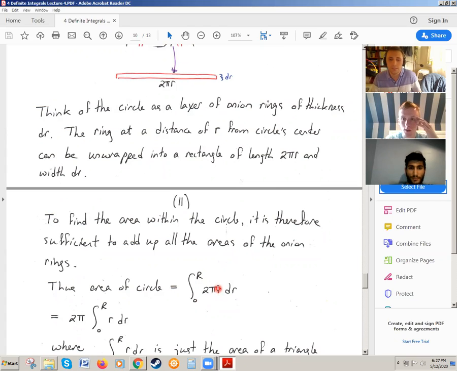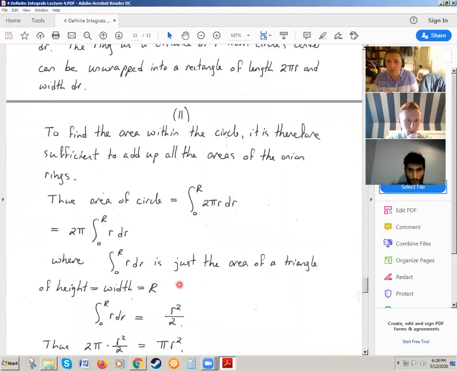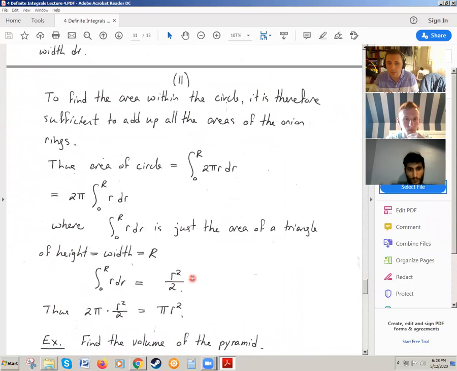So then you have to calculate this area. Yes, yes. So you see this, guys? From 0 to R. And then you can factor out the 2 pi because it's just a constant. And then you have the integral from 0 to R of r dr. And that we can solve even using our tools. We haven't learned anything too difficult yet.